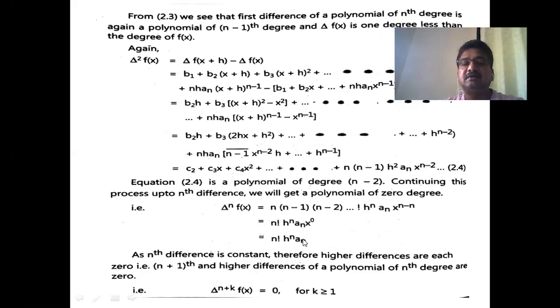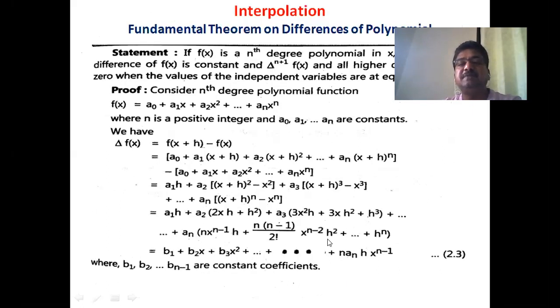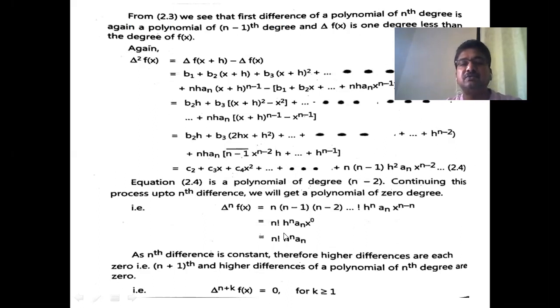So this is the first part of the theorem, that the nth difference of fx is constant. That is the first statement. This proves that the nth difference of fx is constant. And then we have to show the n plus 1th difference and higher differences are 0. So this is constant, and therefore delta raised to n plus 1 fx is 0, because delta of constant is 0.